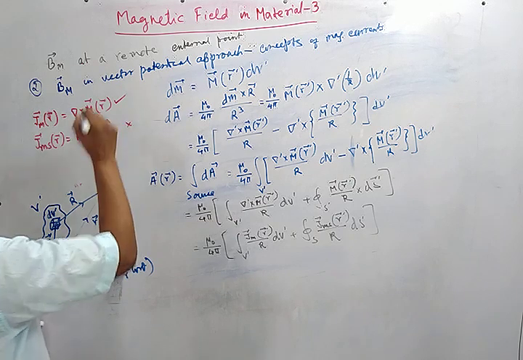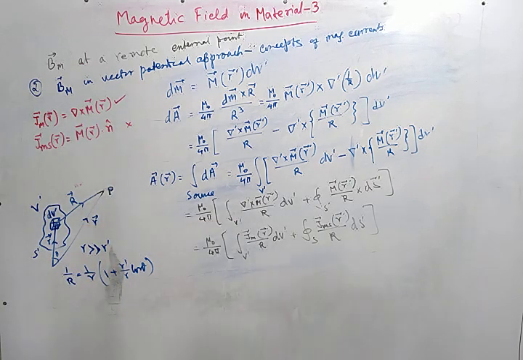This was not there. So that is what we were talking about, that the derivation made in the earlier class is not mathematically rigorous one. So we have introduced equivalent current formulas.